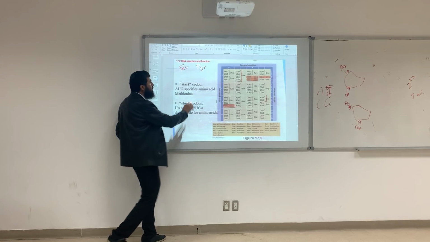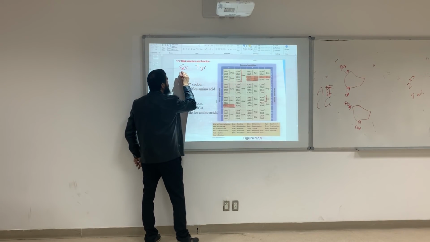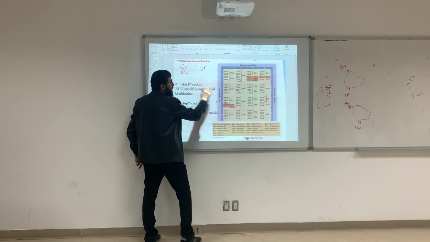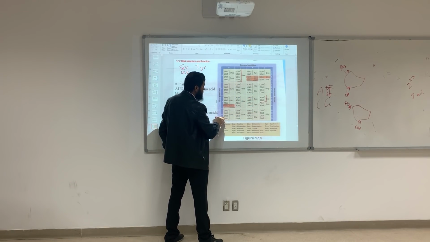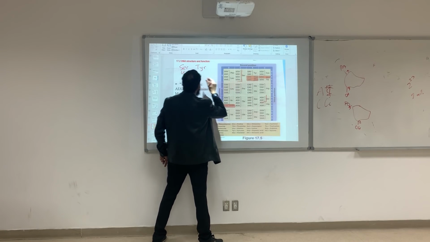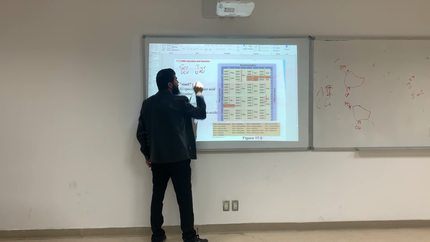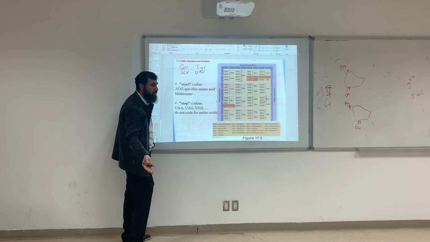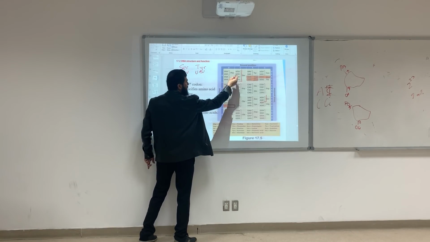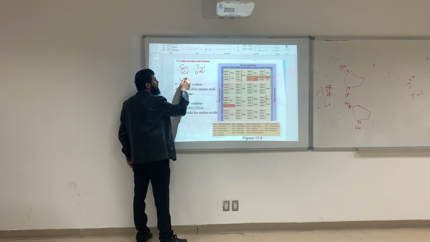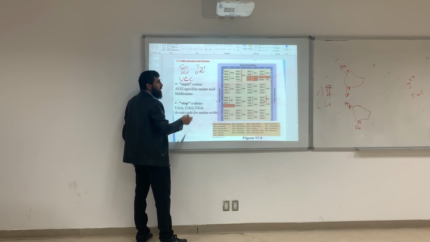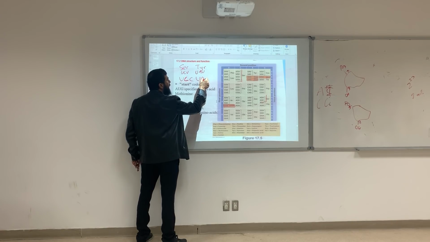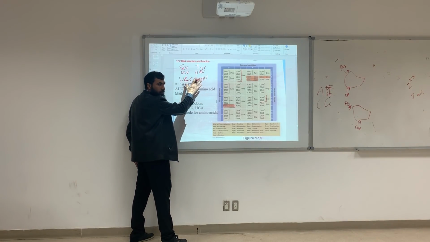For example, it could be UCU. Tyrosine, where is it? Up here. UAU. That's one variation, okay? Or it could be UCC, and UAU, the same thing.